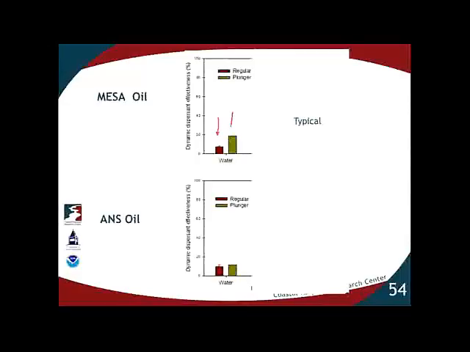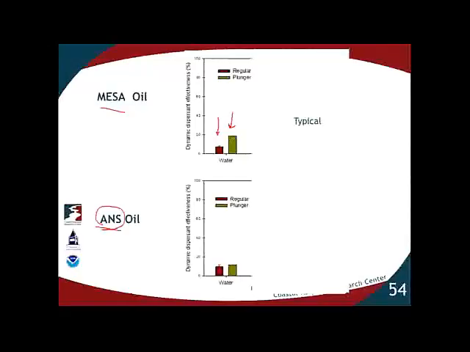We get maybe about 8% dispersion with this Mesa, this South American oil, and with the Alaska North Slope crude, maybe a little bit more. With the plunging wave, we get more dispersion, maybe close to 20% with the Mesa, but it really doesn't make as much difference with the Alaska North Slope crude.